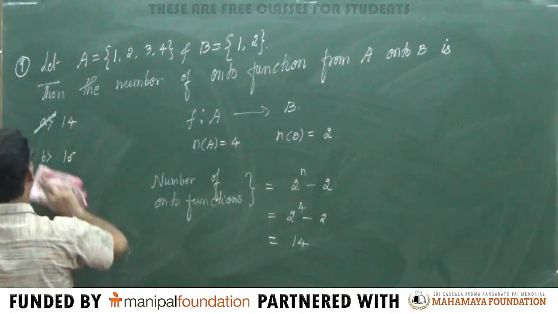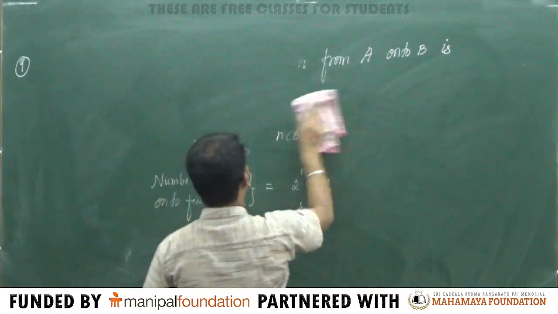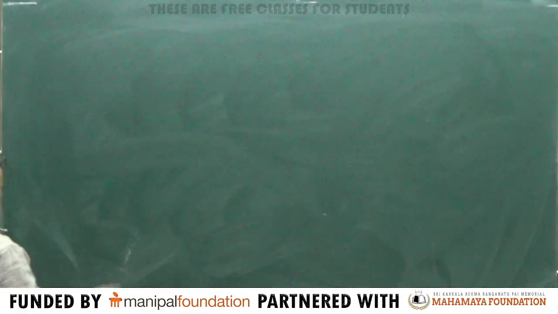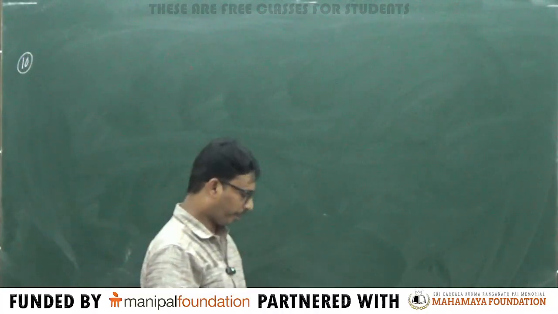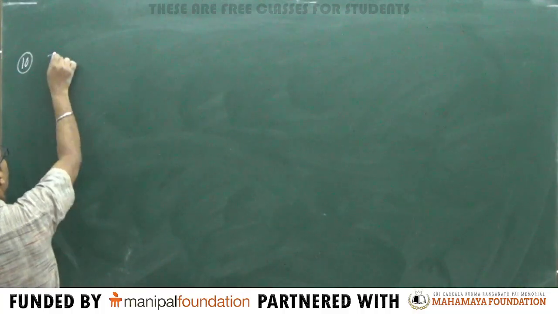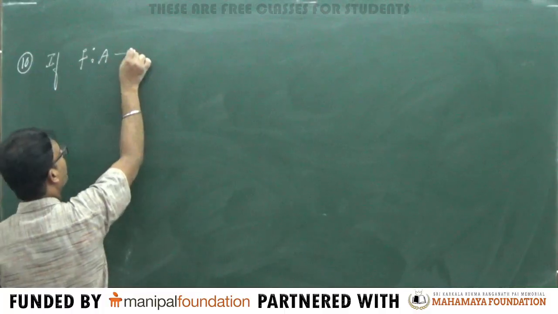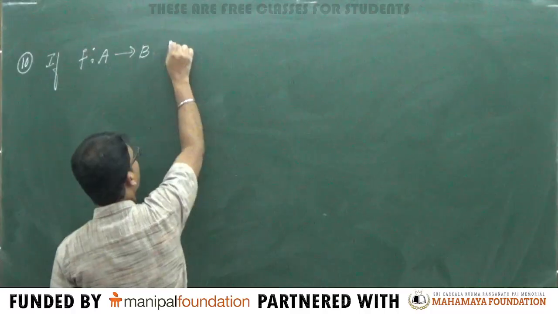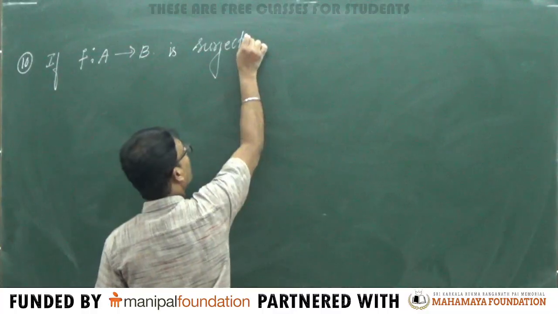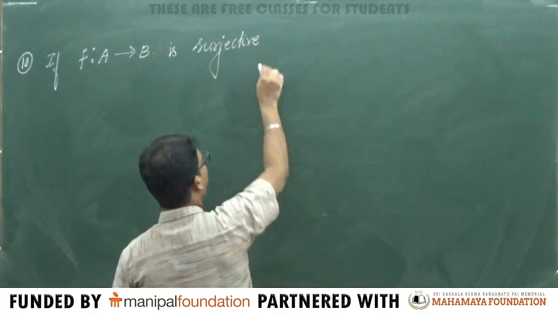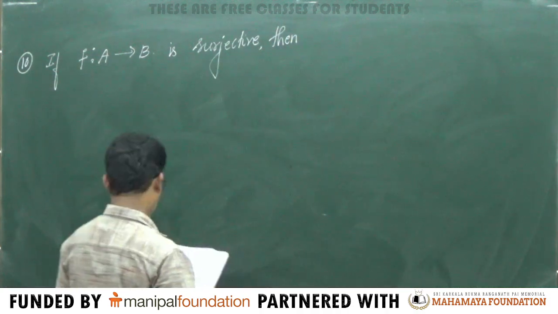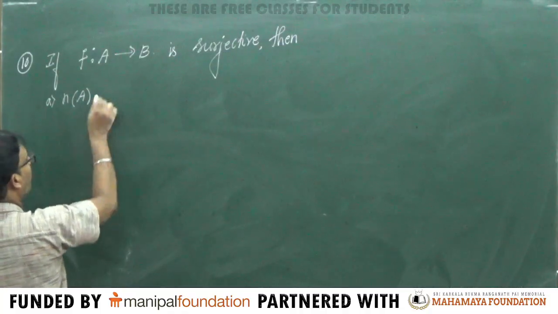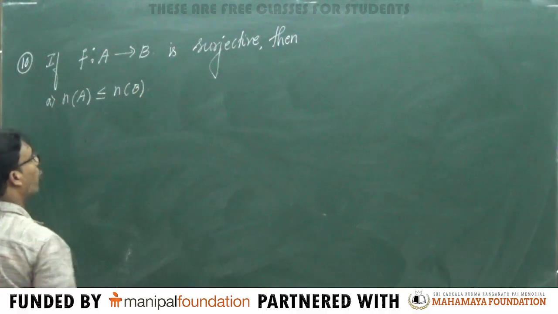Next problem. If f is a function from the set A to B and f is surjective, then option A, the number of elements present in the domain is less than or equal to the number of elements present in the codomain.